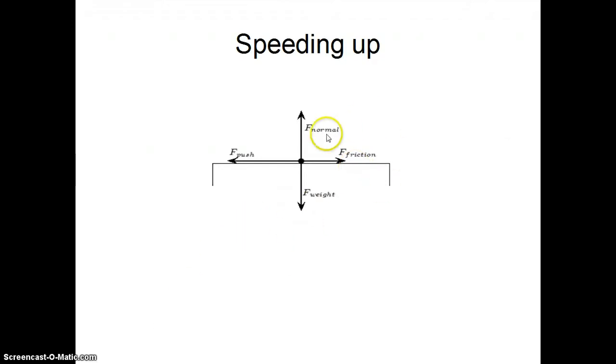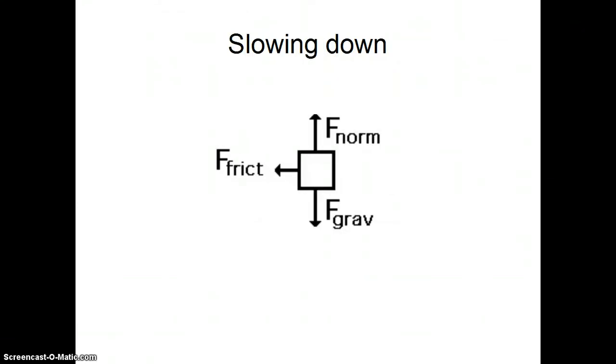So it all comes back to the net force causing the mass to accelerate. You would mass the object, calculate the acceleration, and knowing the push, that would allow you to solve for the force of friction in that case. The other case is if the object is slowing down.